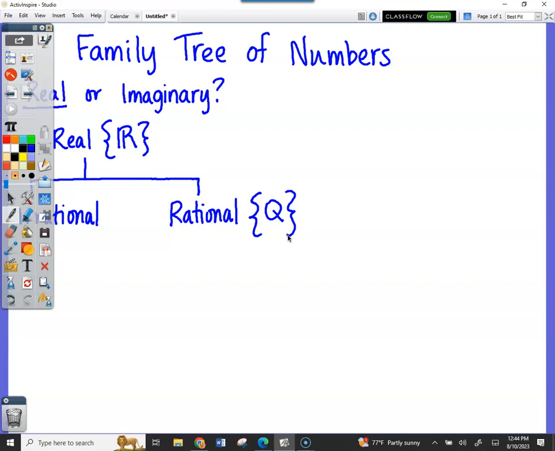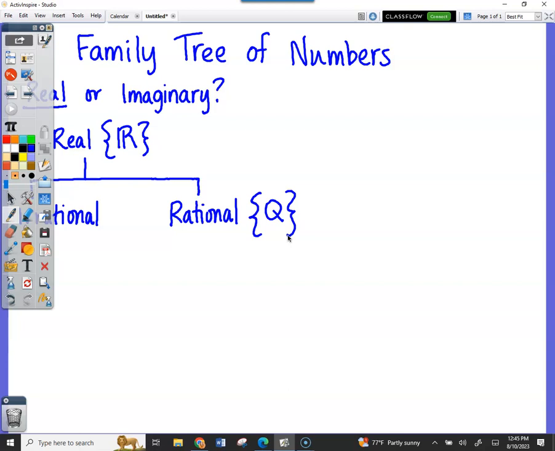Quotient. Remember that word? Quotient is the comparison of two numbers. That's that fancy math word for fraction. That's why they call this the rational group. The symbol is Q, meaning it can be written as a quotient. Okay? If you need to make that note, then please do so.